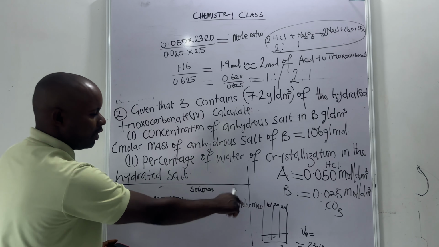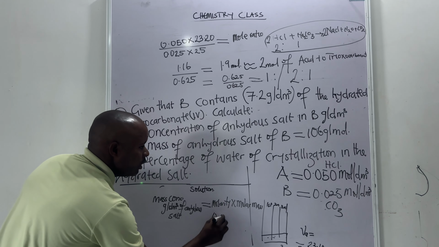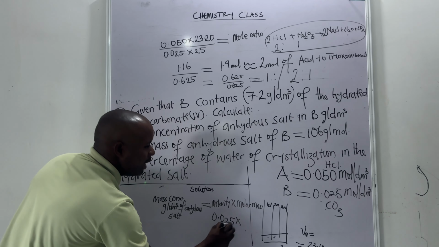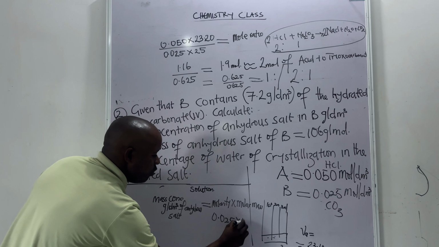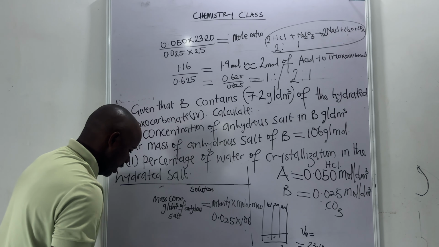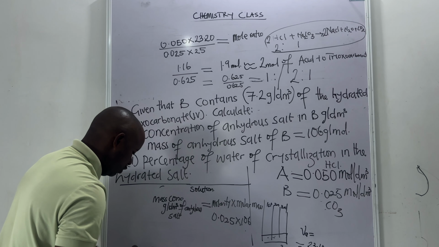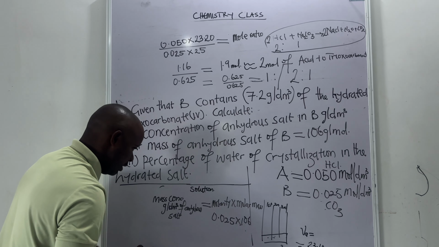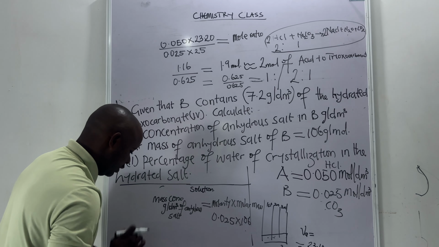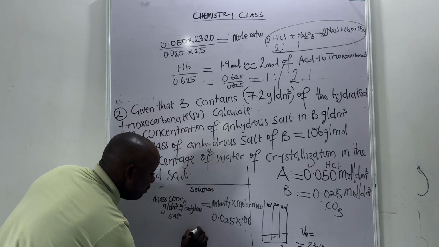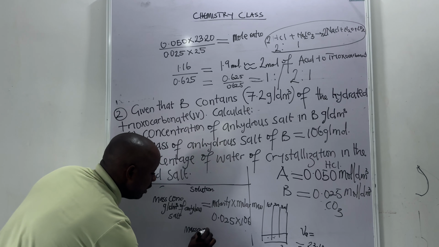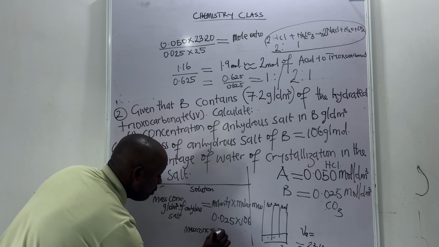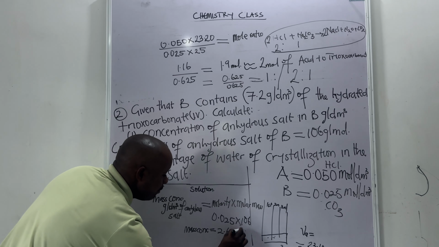The molarity of the carbonate is 0.025, times the molar mass of the anhydrous, which is given as 106. So 0.025 times 106, and the mass concentration is 2.65 gram per dm cube.